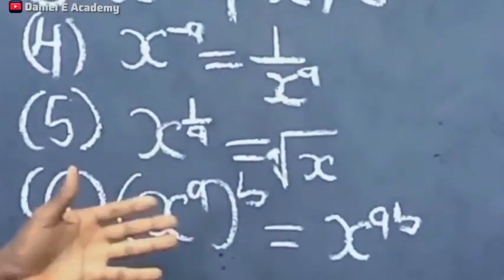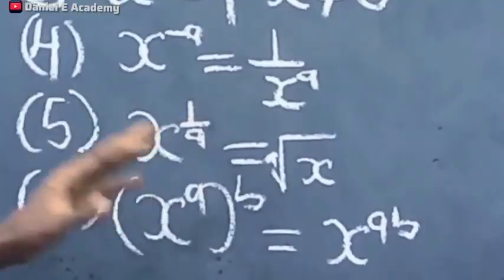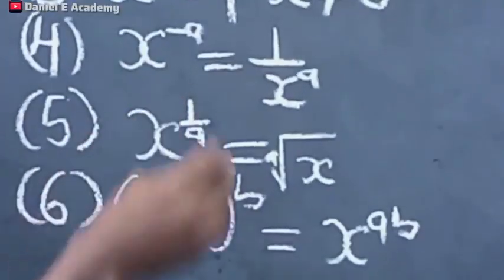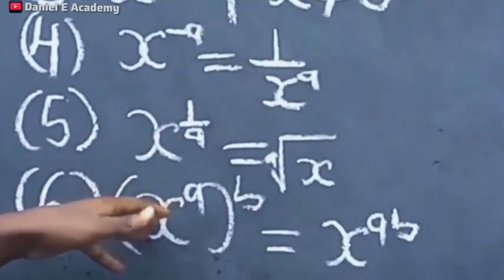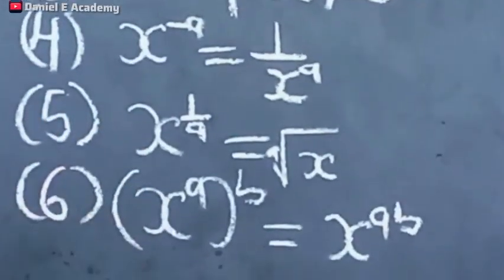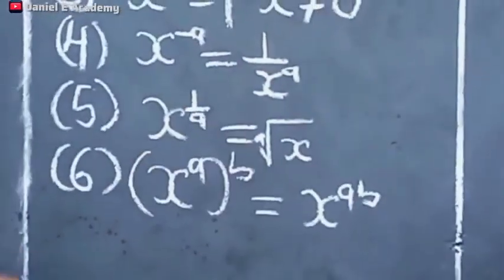This law is trying to tell us that with x to the power of a in a bracket to the power of b, this b affects everything in the bracket. So even though there is more than one, b affects everything in the bracket.